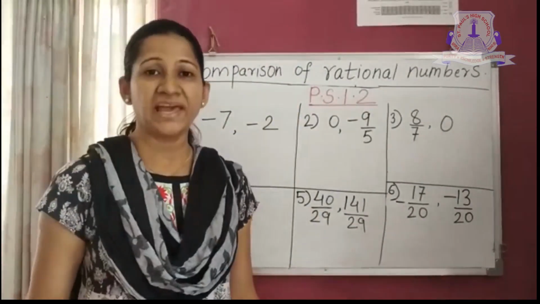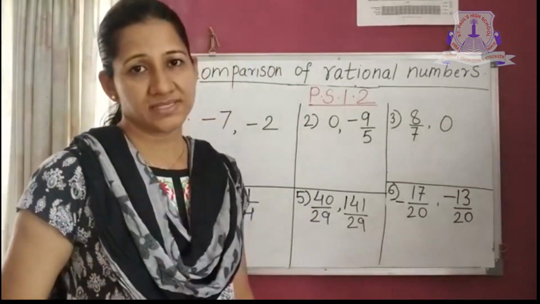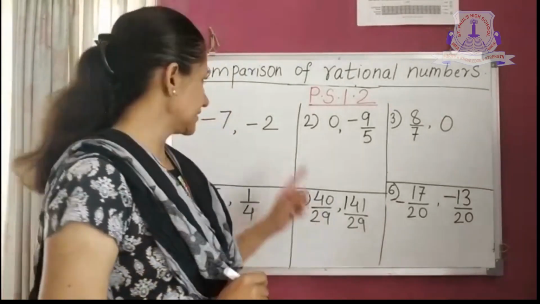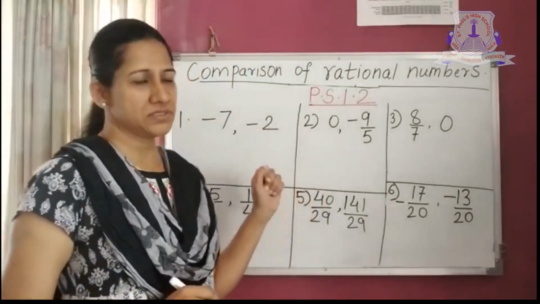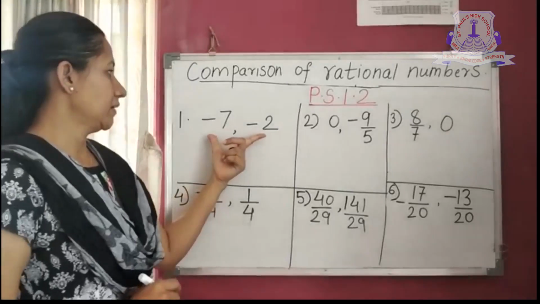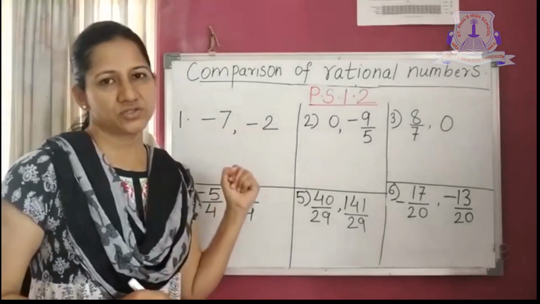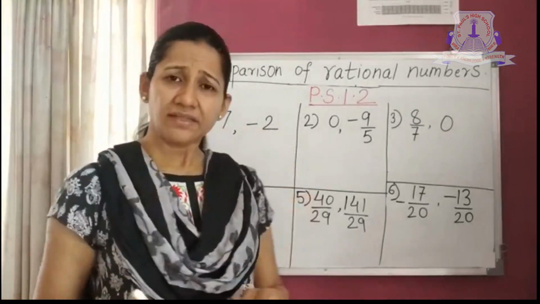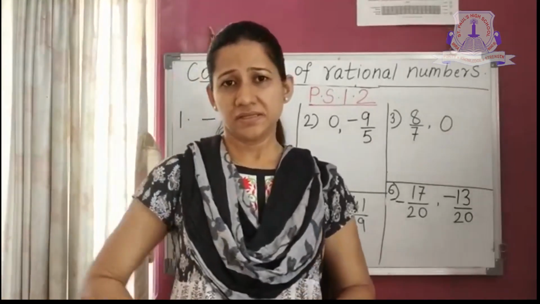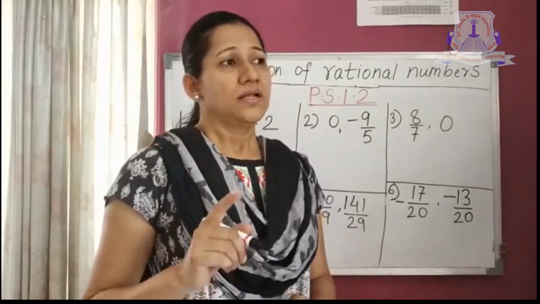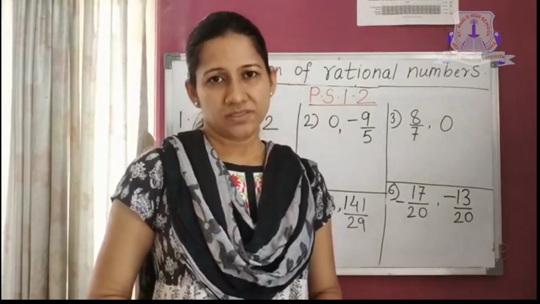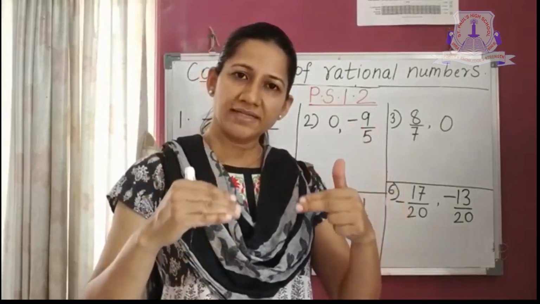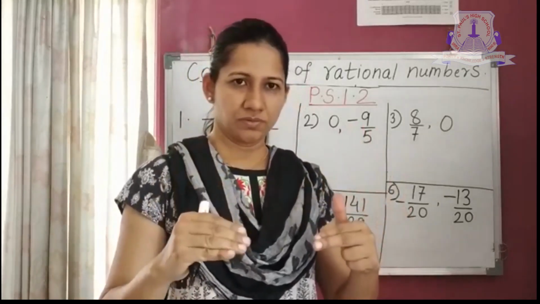The question says you have to compare the following numbers. So how do we compare -7 and -2? Students, one thing you remember before comparing rational numbers: when we have two negative numbers, first write them or convert them into positive.